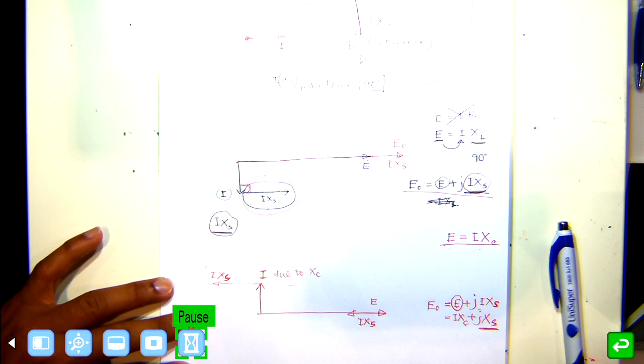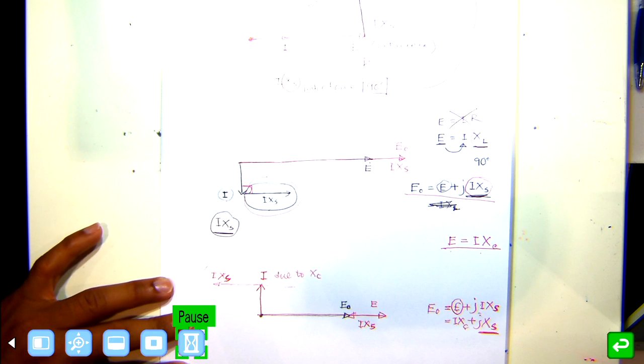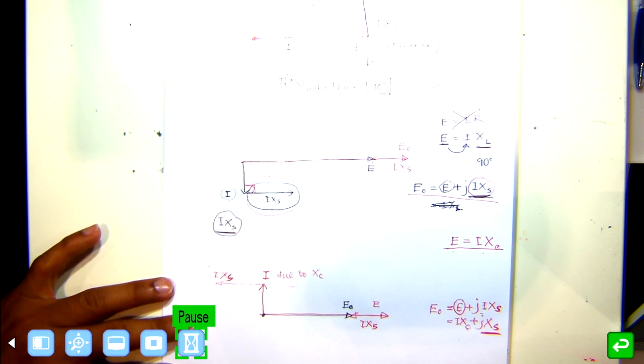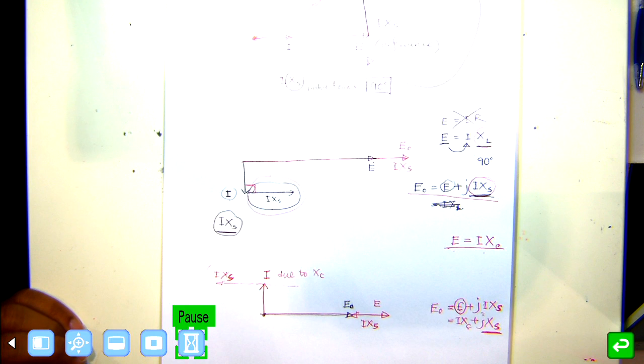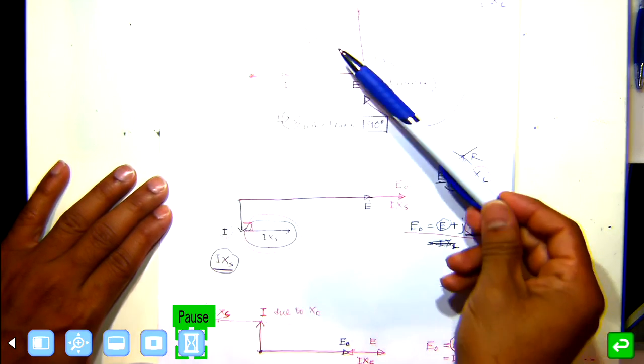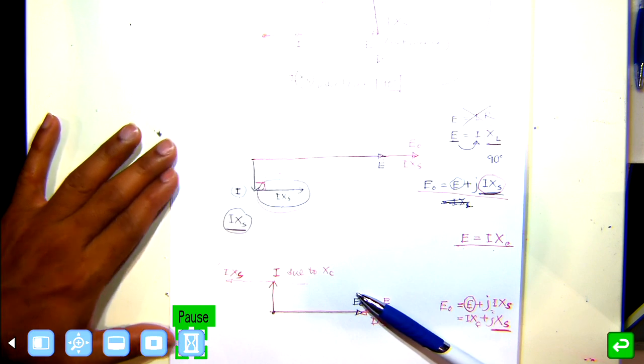Then your total E0 will be from here to here. So as you can see in the capacitive circuit, your resultant voltage is actually lower, due to the capacitive effect. So these are three phasor diagrams considering resistive load, inductive load, and capacitive load.